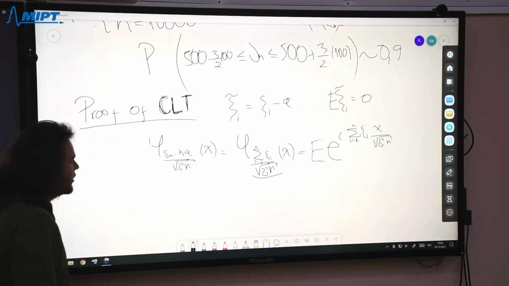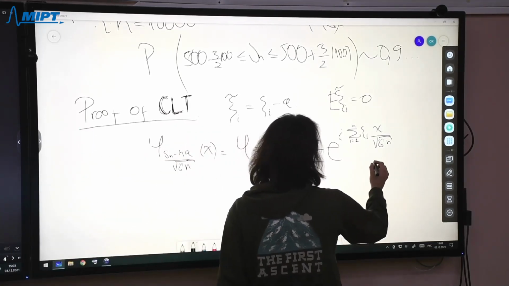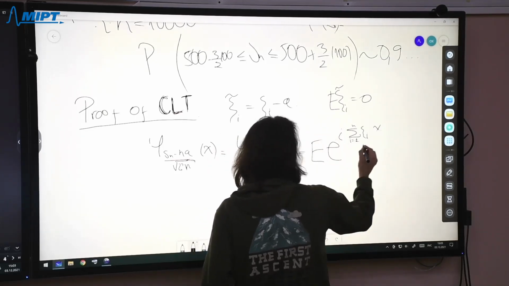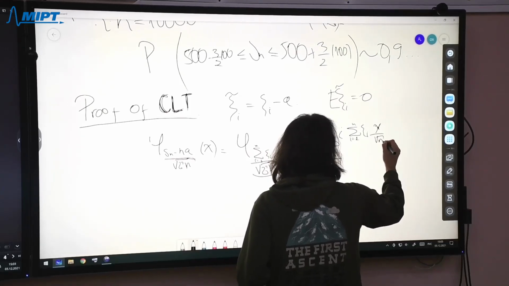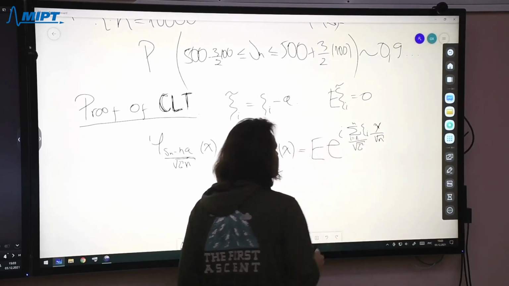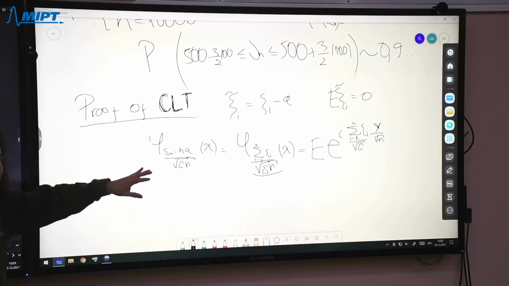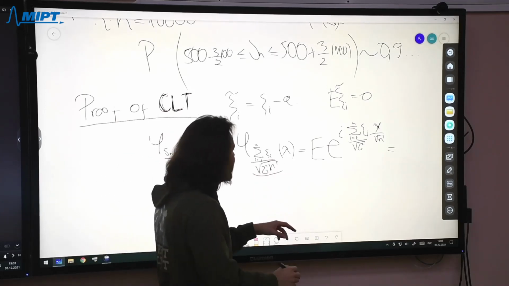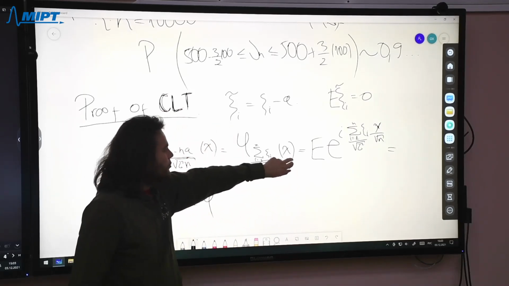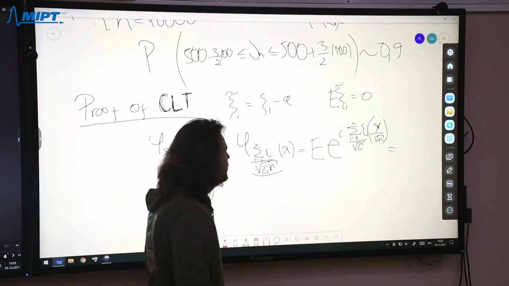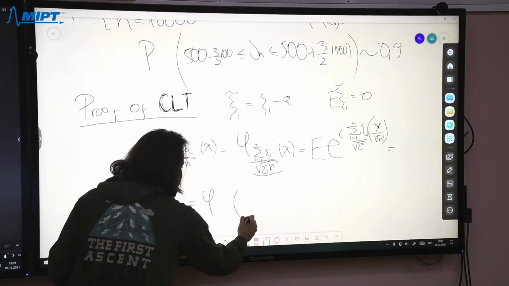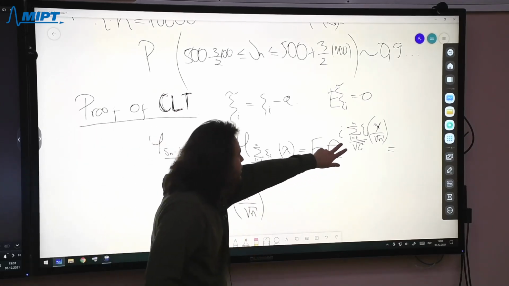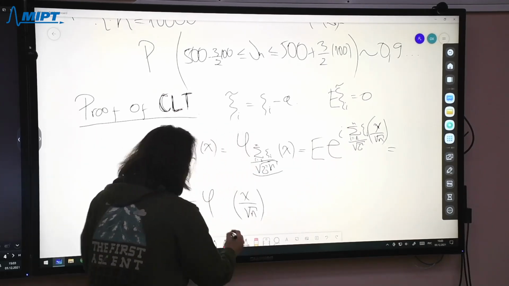I can actually do the following right away: only here x over the square root of n, and here I have the square root of sigma squared. Now what is this? This is the characteristic function, and here I had x, but I can change this x by this. So this is going to be the characteristic function at this point, x over the square root of n, of this random variable, right?